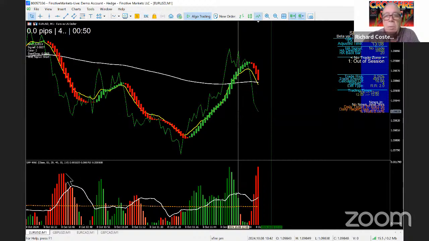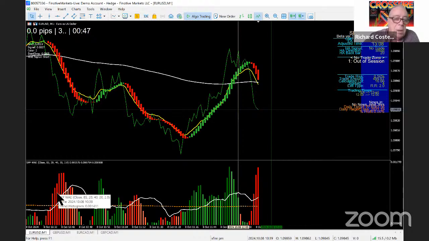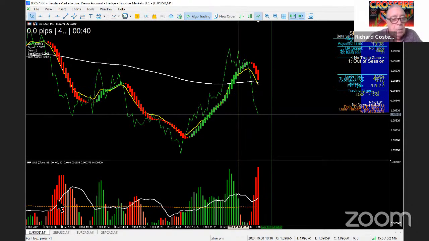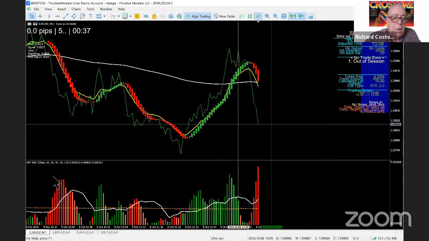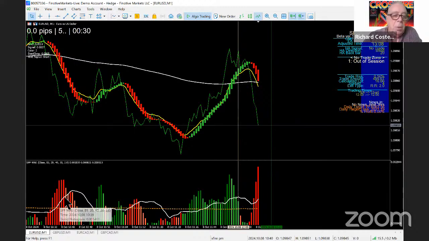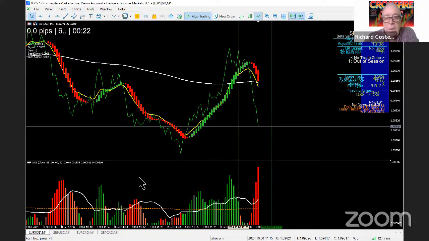Why is my chart moving? Anyway, and then they started to descend. So it will get you into a trade if you've got two consecutive either bright red or bright green histograms, and the explosion line moving away, and the histograms above the explosion line. So there's certain criteria that the Waddah Attah follows.